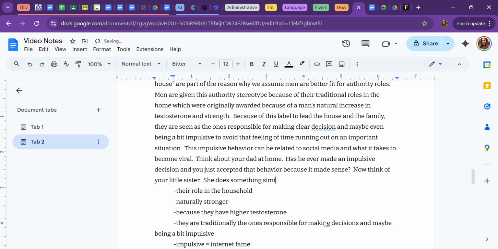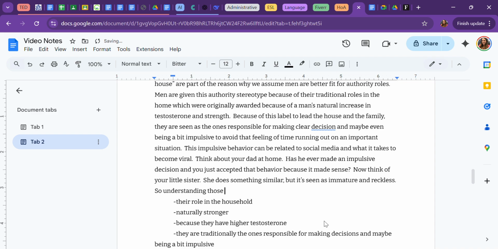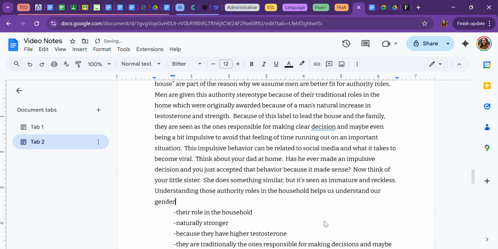She does something similar, but it's seen as immature and reckless. So this is now my conclusion, wrapping it all up together. Understanding those authority roles in the household helps us understand our gender perceptions in the real world.